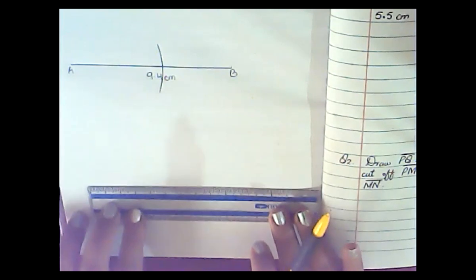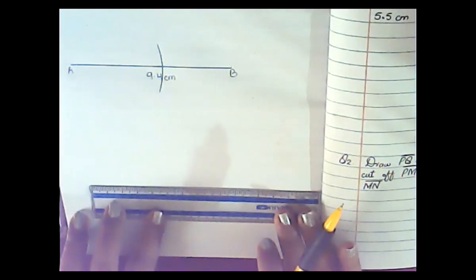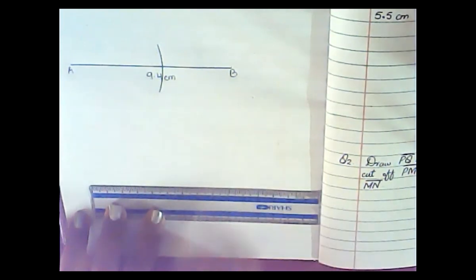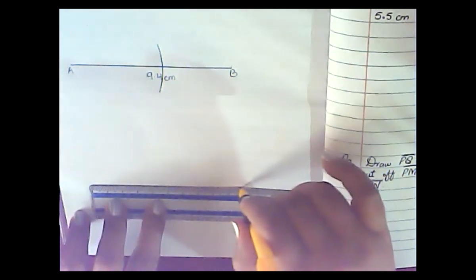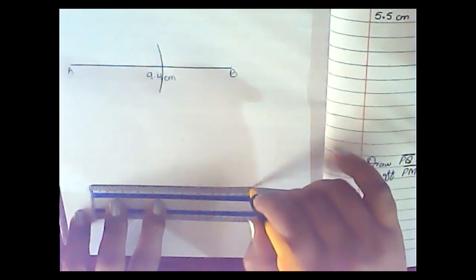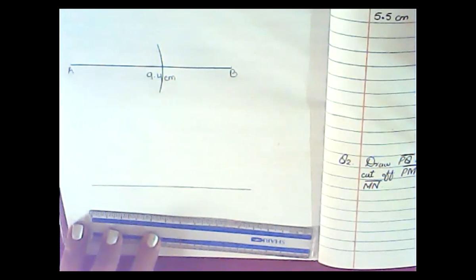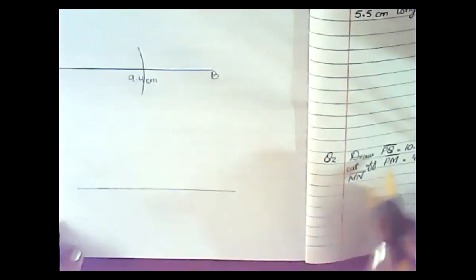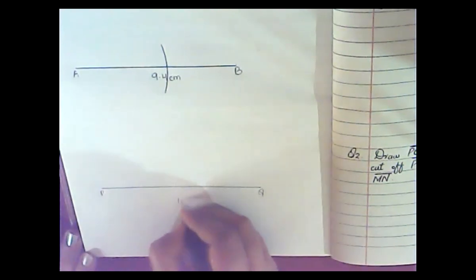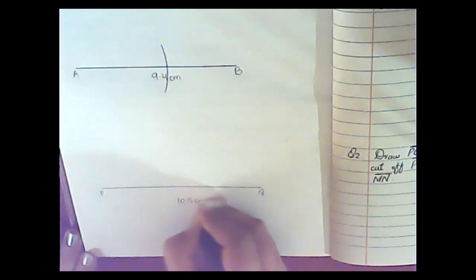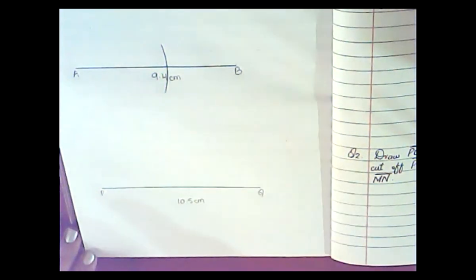I'm going to draw a line segment of 10.5 centimeter starting from 0 and ending at 10.5 centimeter. This is point P and this is point Q, and this is 10.5 centimeter. That's it.